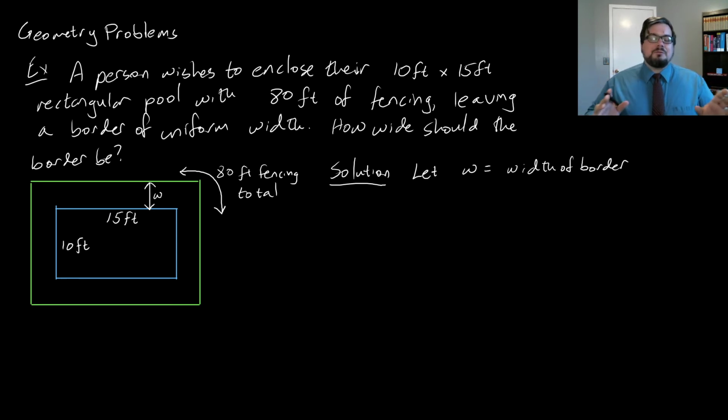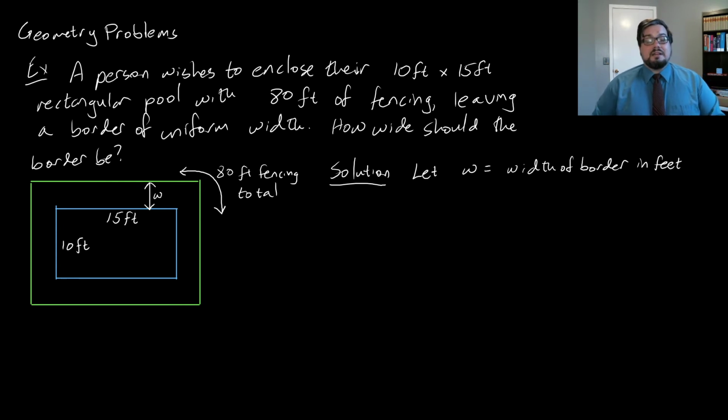But there are lots of different ways that we could talk about a particular length. We could measure it in feet or inches or centimeters or any one of a million other things. So we need to specify what W is. W is going to be the width of the border in feet.